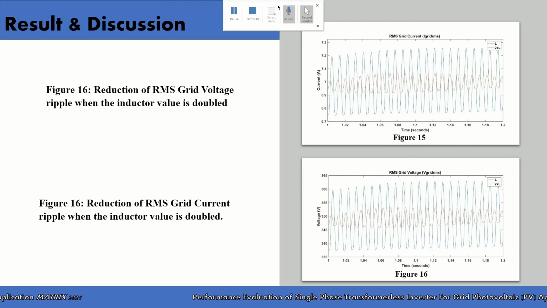The significant increase of efficiency is not only caused by the reduction of leakage current due to the change of the filter impedance, but also comes from the contribution of grid voltage and current ripple reduction. This reduces the total harmonic distortion of the power delivered to the load, as validated by the V-grid RMS and I-grid RMS waveforms from the simulation, as shown in figure 15 and figure 16 here.